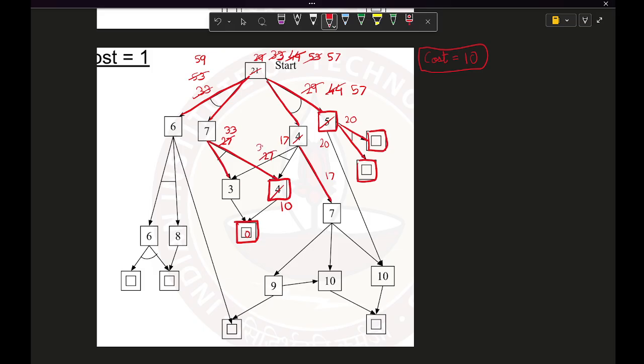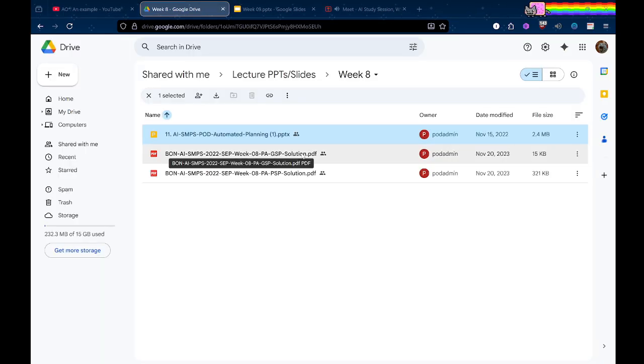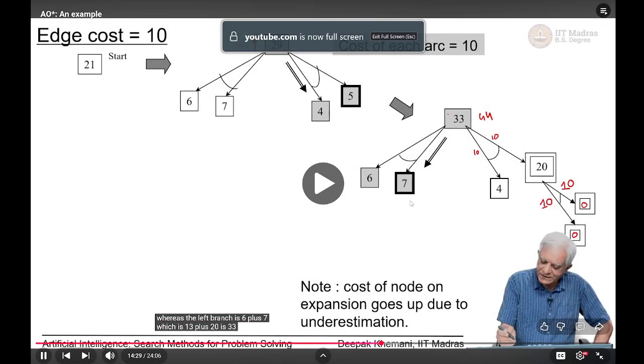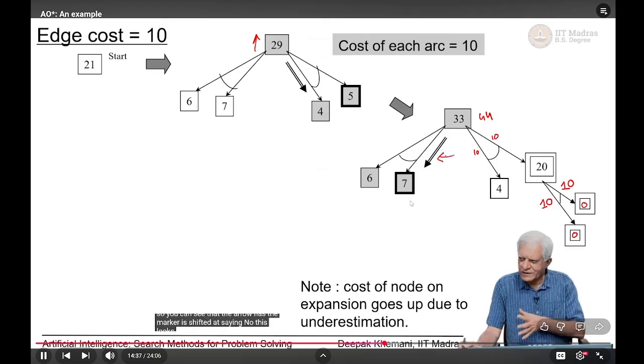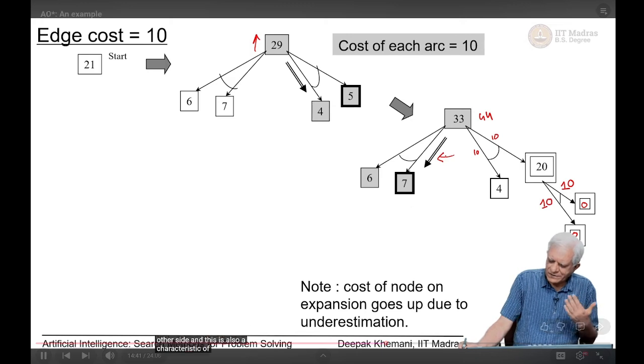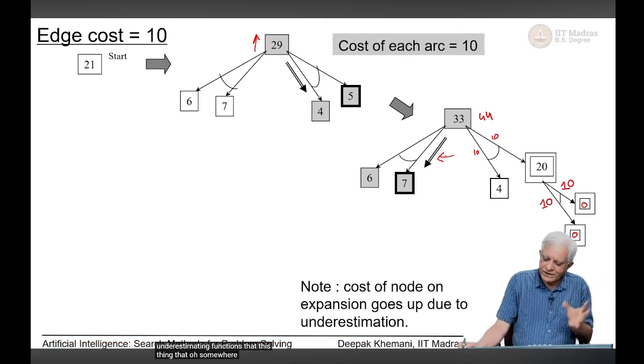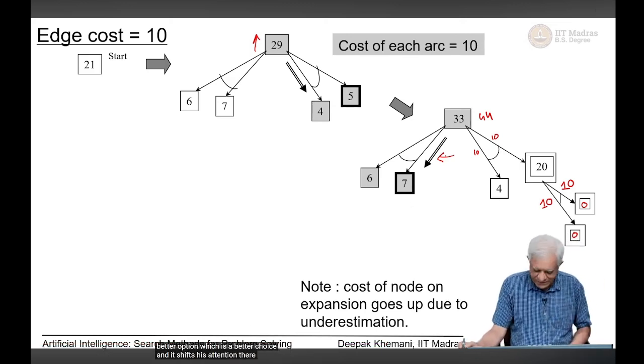This is updated to 33 because we explored this. So do we not compare here? Three is the better option. You can see that the marker has shifted. It's saying, no, this looks too expensive. Let's go to the other side. This is also a characteristic of underestimating functions: somewhere else you might get a better option, and it shifts its attention there.